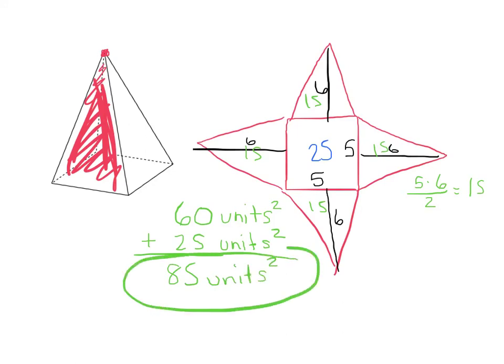Hope this has been helpful for you. The most important thing is to remember that you have to get the nets. Have this idea of how many bases you have, how many different sides or faces the shape has, and then draw it accordingly and make sure you calculate the area of each of those individual shapes.